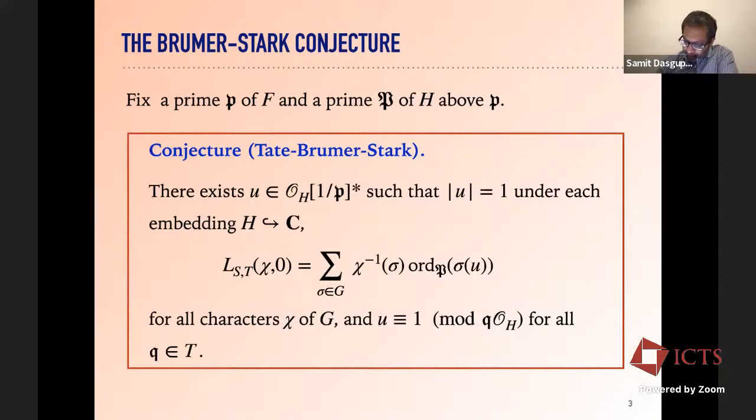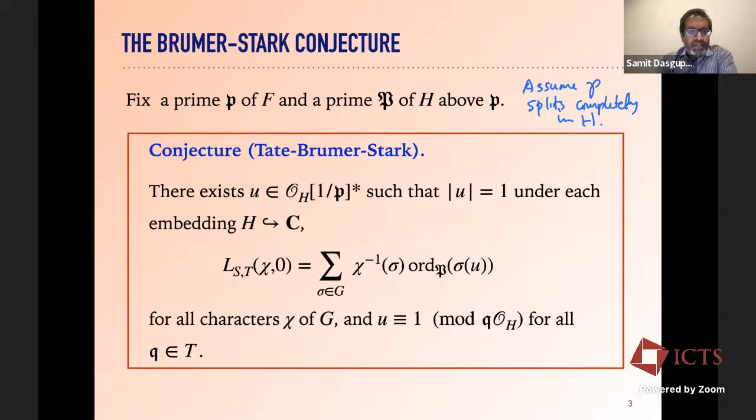Okay, so let me say, assume p splits completely in H. Though I guess you could just replace H by the maximal subfield in which P does split completely, and you'd have the same conjecture. So it's not really that important of an assumption.